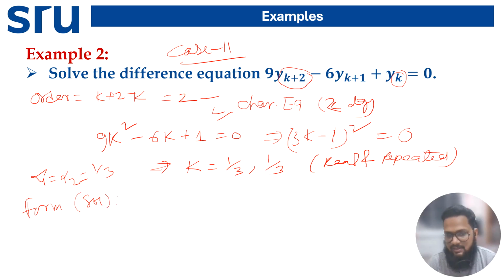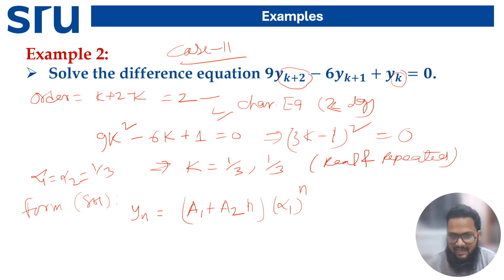Please remember one thing here. The previous example was given in terms of a, here in terms of y, so we will write in terms of y. The actual form was given in terms of k, but here k is already used, so we will use n for example. So the formula is y_n equals a constant a1 plus a2 n, then alpha 1 or alpha 2, whichever, because they are the same, power n.